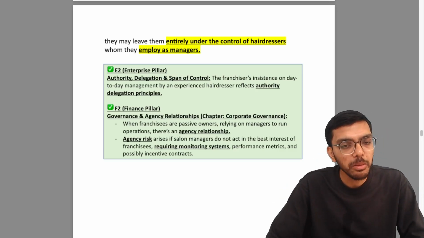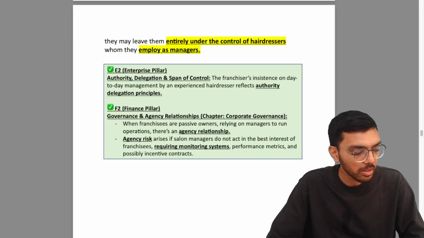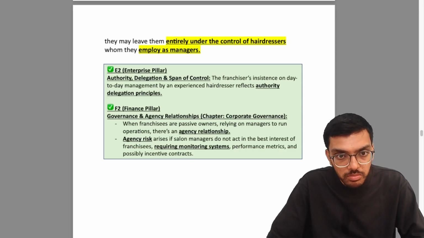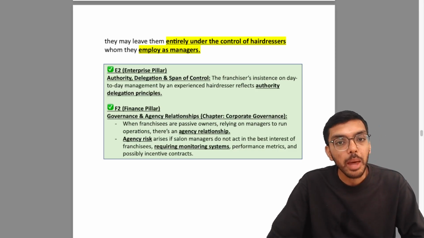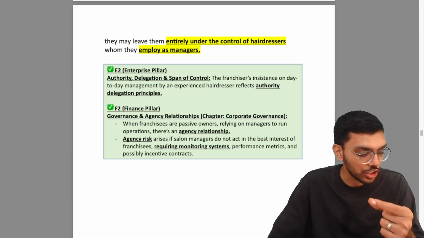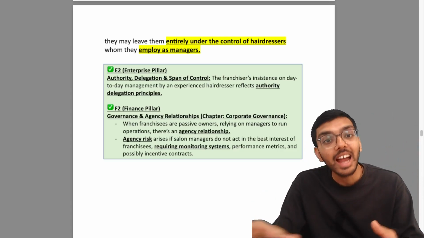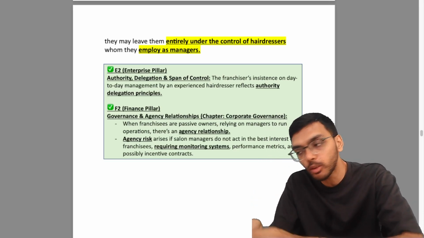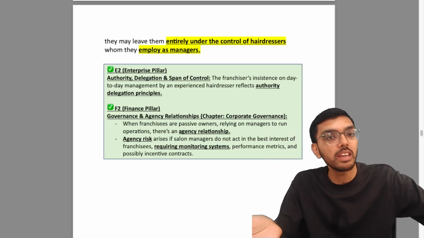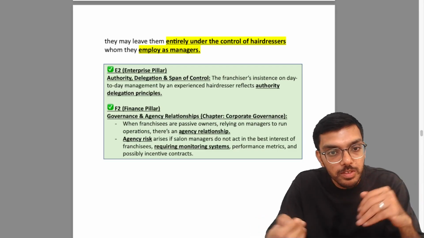Also, we'll speak about corporate governance over here a little bit from your F2 syllabus. When franchisees are passive owners, they are relying on managers to run the operations. There is an agency relationship, which means one agent is running the business, and that defines the fate of the business plus the benefit that Trimayr receives.